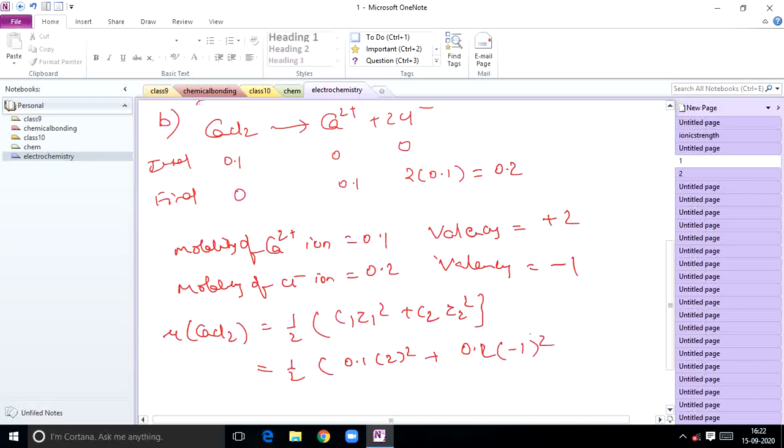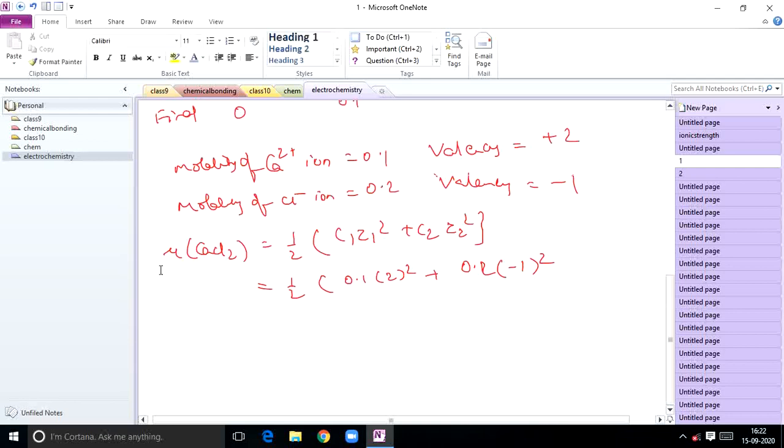You take like that. So finally, how much you will get, students? If you solve, so here you can take it as C1, this is C1 and this is Z1, this is C2 and this is Z2. Like that you can substitute and finally you will get the answer. So how much you will get, students, here?